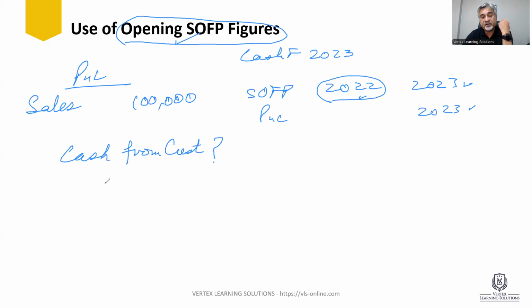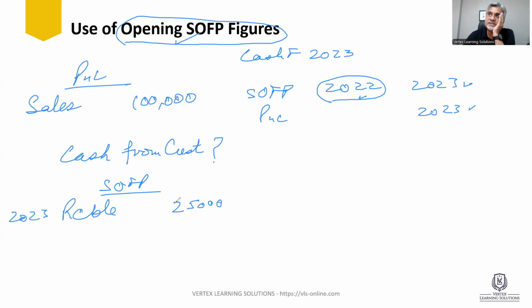Okay, then let's see our SOFP. If I see my SOFP for 2023, it says receivables are 25,000. So it says that you have closing receivables of 25,000.